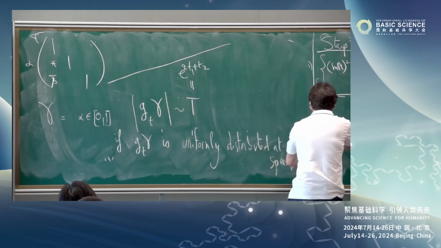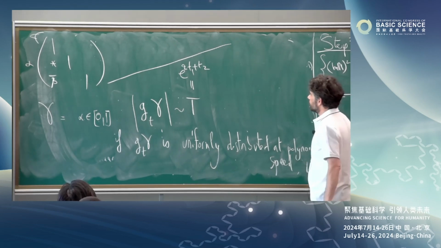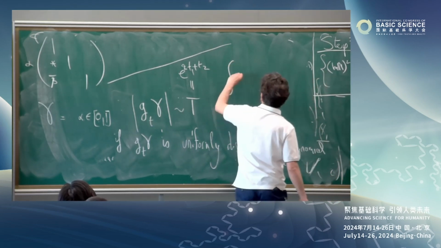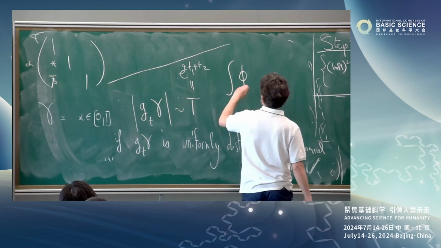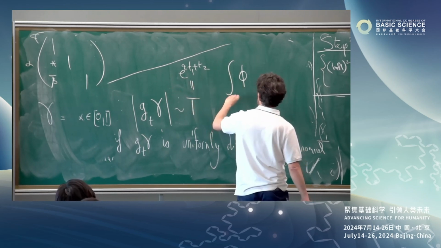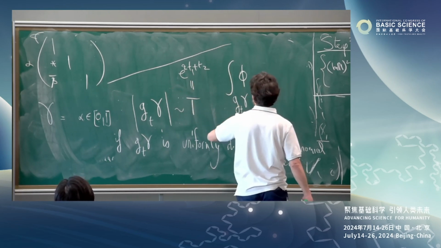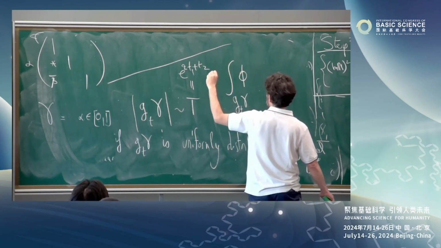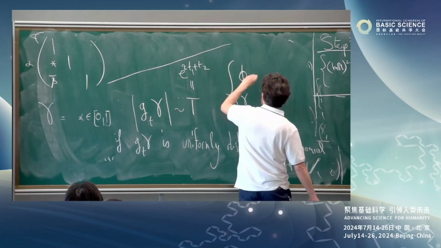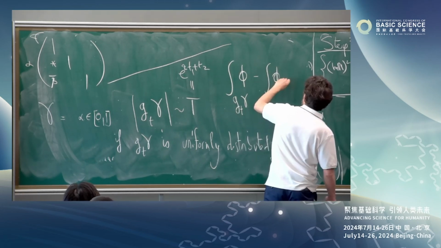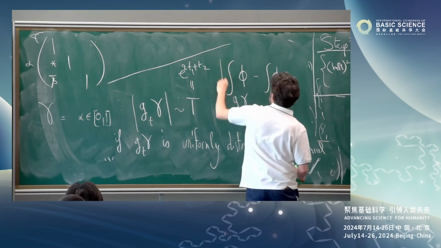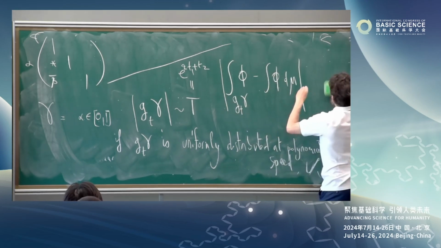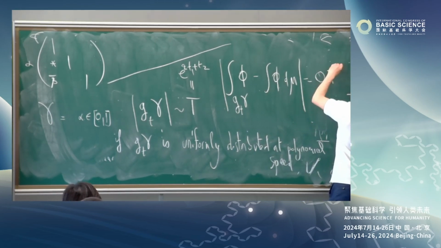Okay. That's what you want to prove. So you want to prove that the integral of a function phi on the space of lattices on GT gamma minus the integral of phi with respect to Haar measure is a small o of T to the power minus nu.